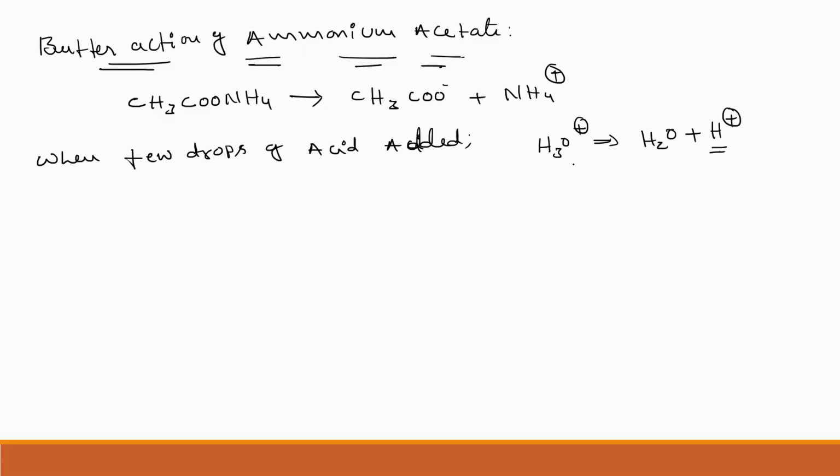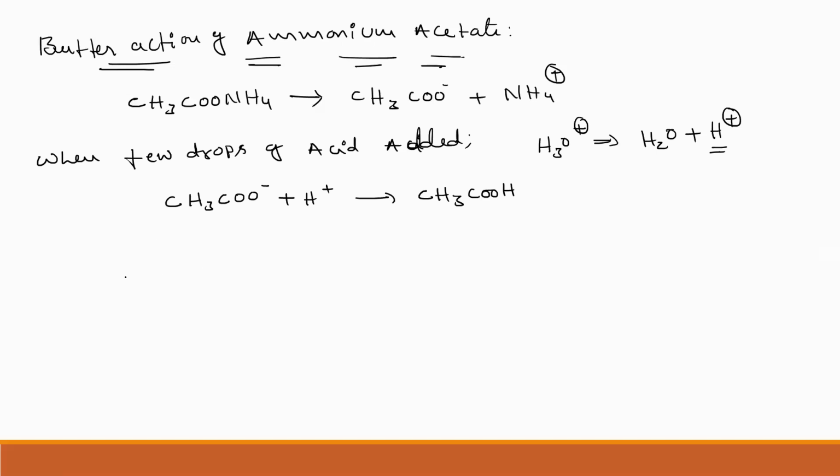So this is highly unstable, because of that it reacts with the water to form hydronium ion. So whenever a few drops of acid are added, what will this H plus do? Here we have acetate ion, no? So this will combine with this acetate ion to produce acetic acid, which is a weak acid. So the pH of the solution remains the same.